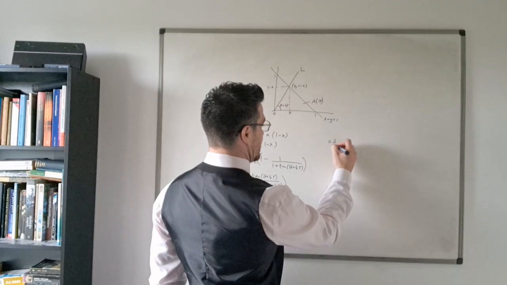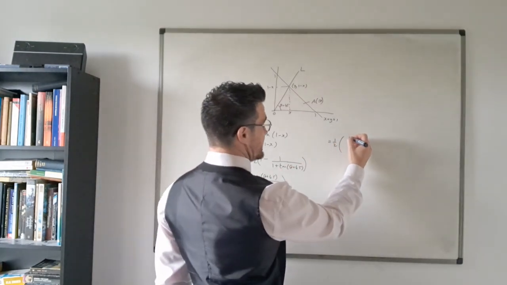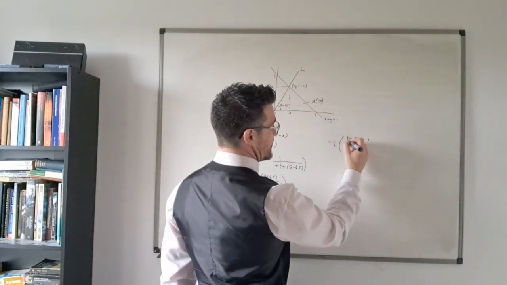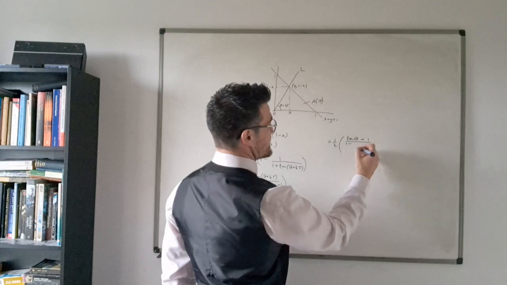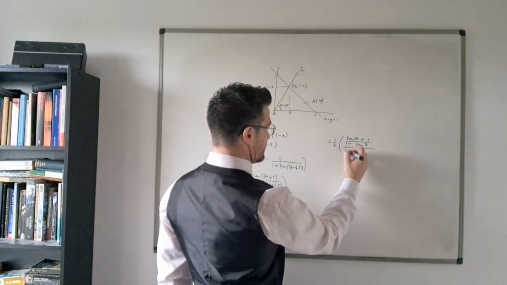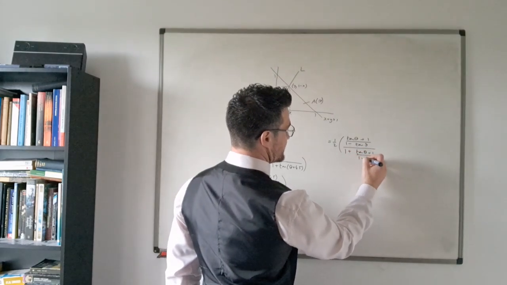This is equal to a half. I'm going to use a trigonometric identity now. Tan(theta plus 45) is (tan theta plus tan 45) over (1 minus tan theta times tan 45). So, over 1 plus (tan theta plus 1) over (1 minus tan theta).